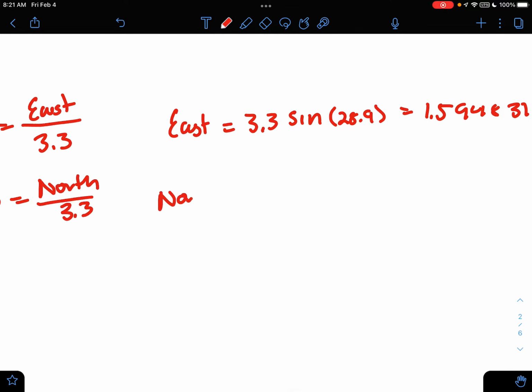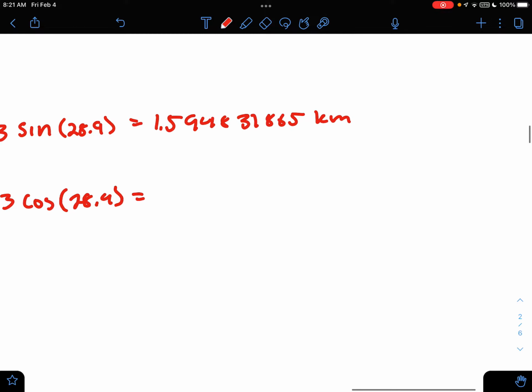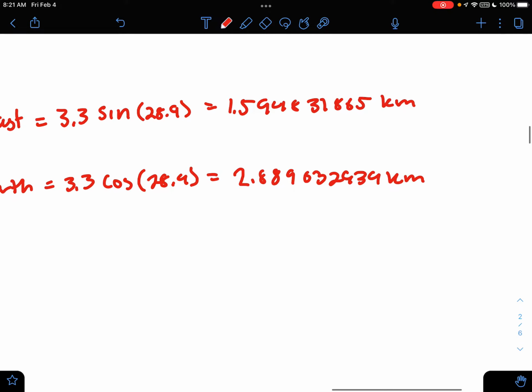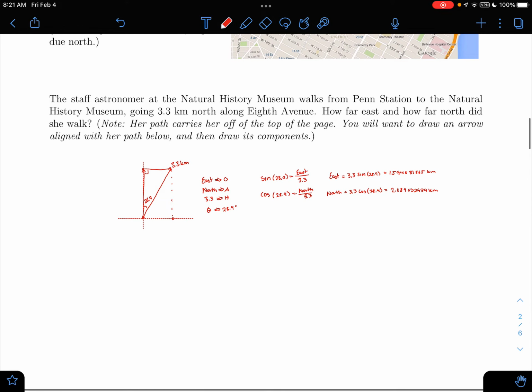Again, we solve for north equals 3.3 cosine 28.9, and that's roughly 2.889032939 kilometers. Cool. And there's our questions: how far east and how far north?